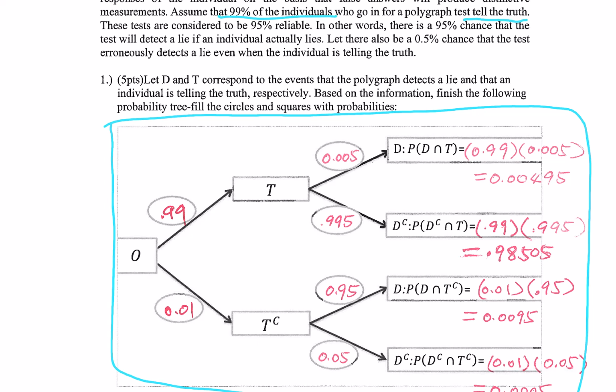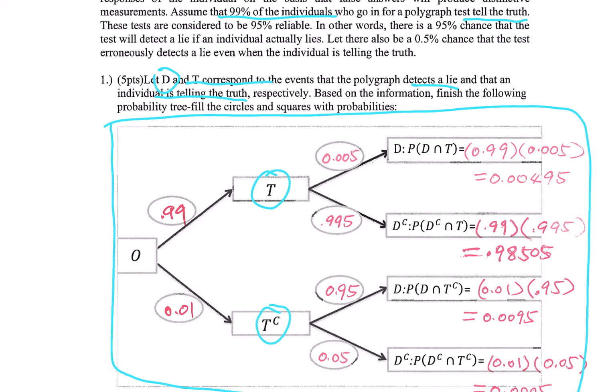So T here means the individual is telling the truth. D means the polygraph detects a lie. For any individual who goes to a test, she has a 99% chance to tell the truth. That's why I put 0.99 there. And then she has 1% to lie.